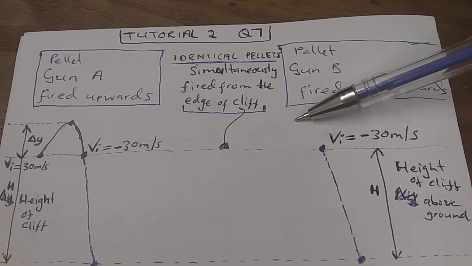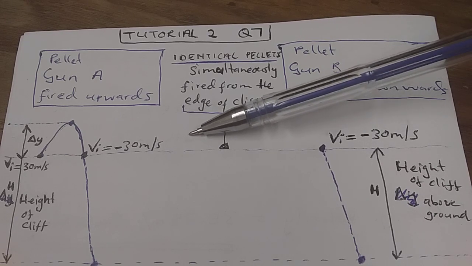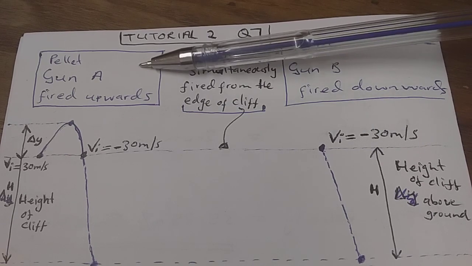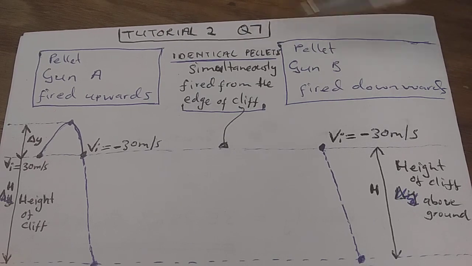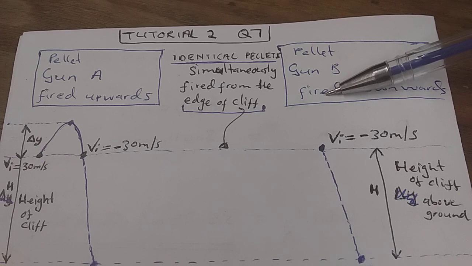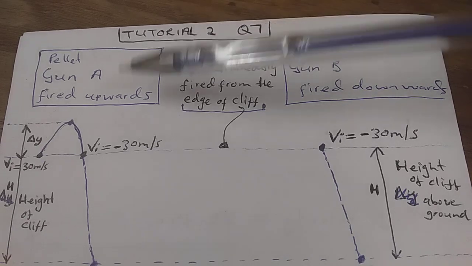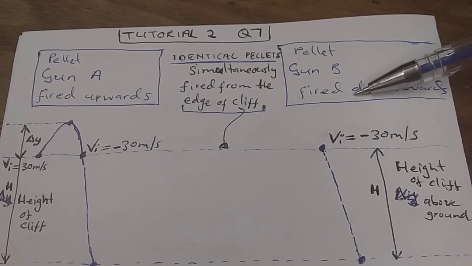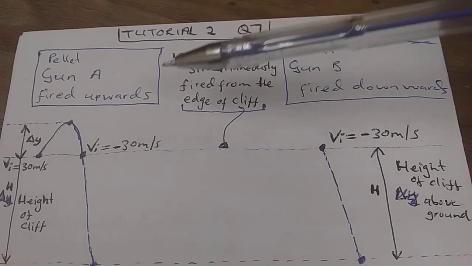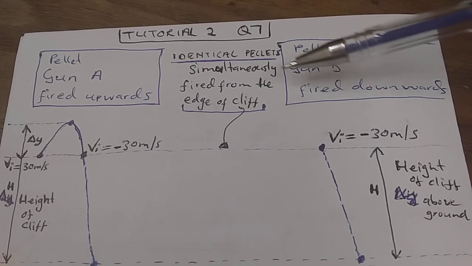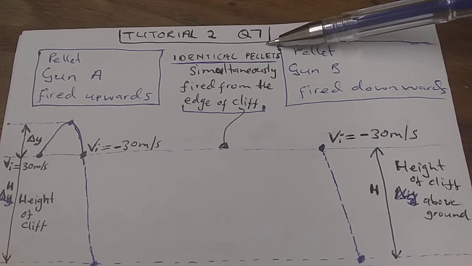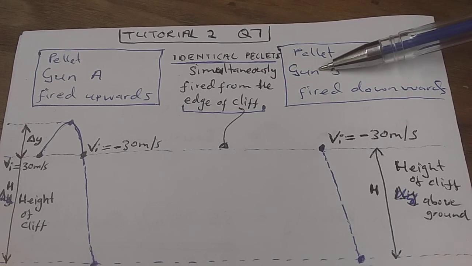So our question is saying we are given a scenario whereby we have two pellet guns, pellet gun A and pellet gun B. Both of the pellet guns have identical pellets, which means they are the same.